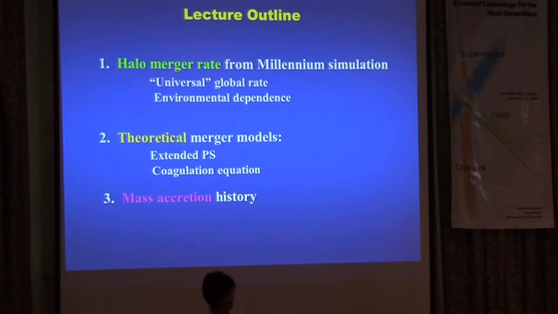That's not the main way they grow. Instead, after a certain first generation of halos, they grow. One channel for them to grow is through merging with other halos. So merger is a very important basic mechanism for gaining mass for halos.